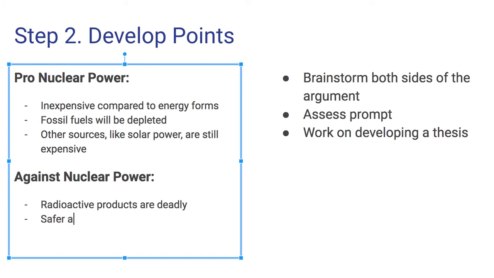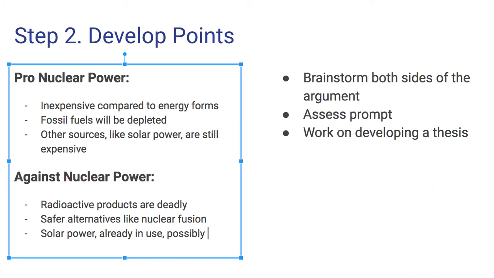There could be safer alternatives like maybe nuclear fusion. And then maybe another idea is why not use solar power? It's already in use and it's effective, and maybe it'll become cheaper, possibly cheaper in the future.